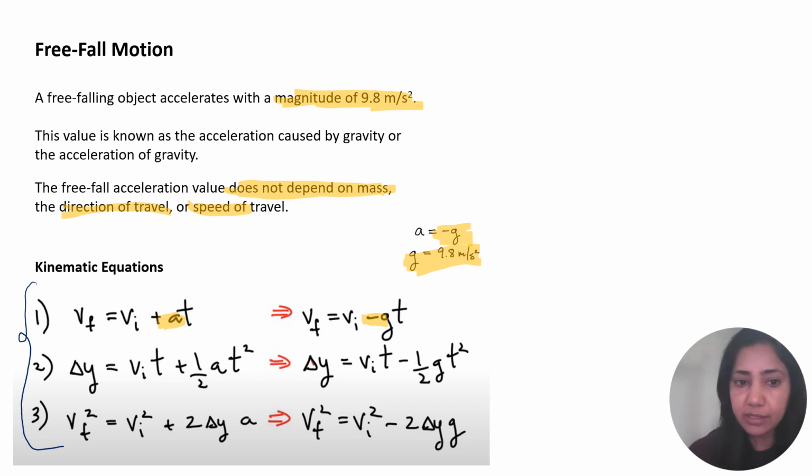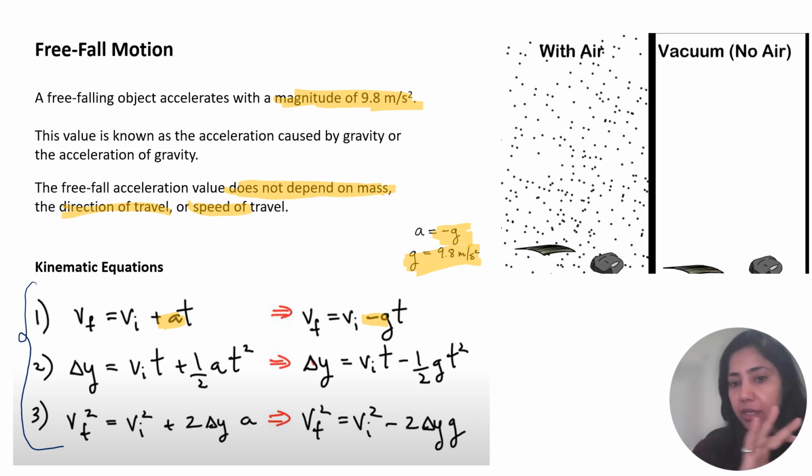We just discussed the direction of travel, because in the second case the ball went upwards first and then came downwards. In the first and third parts, the speed of travel differed: initially vi was 0, while in the third part vi was not 0. So how can we explain that the free fall acceleration does not depend on the mass?